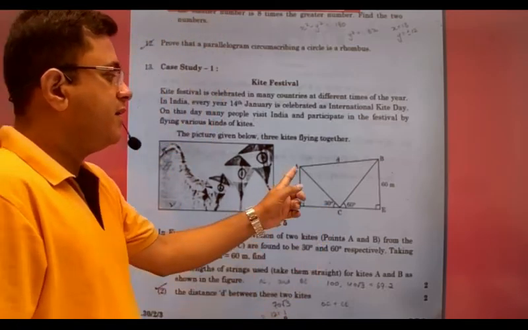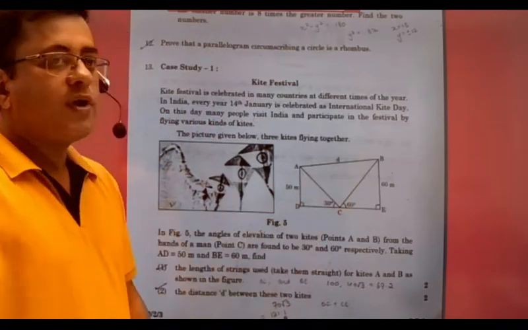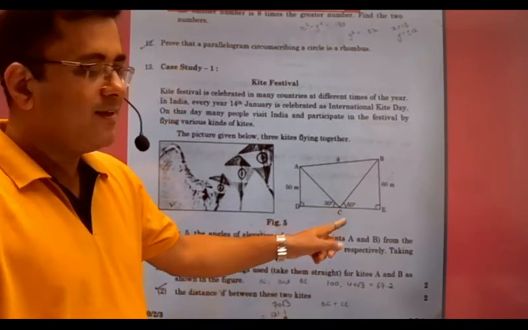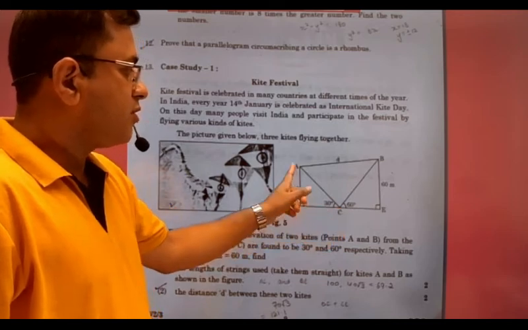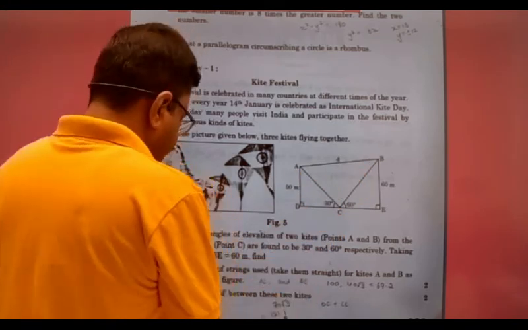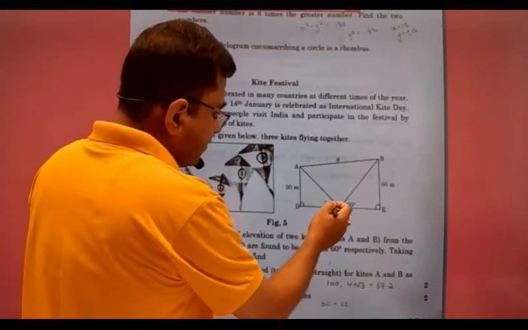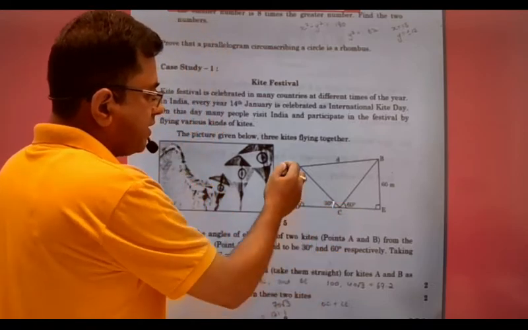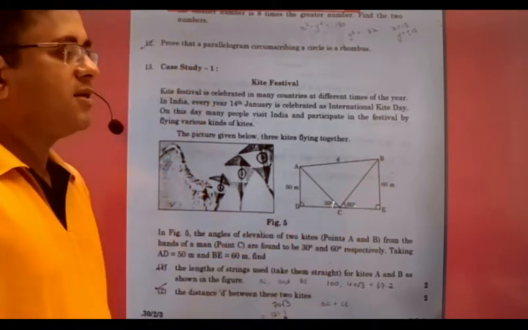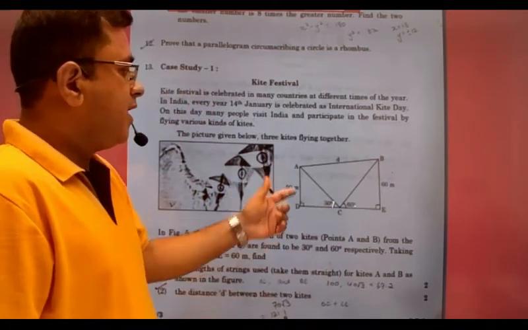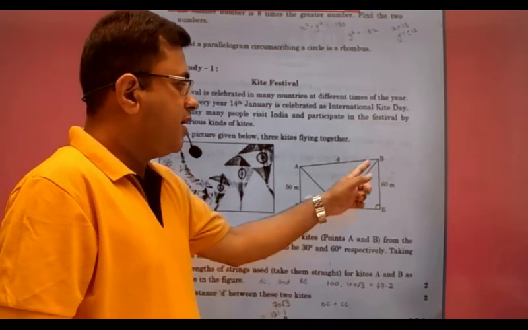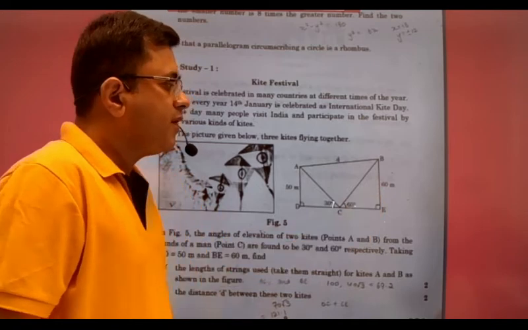Here A and B are two kites, and one person at C is observing both the kites. The angle of elevation is 30 degrees for kite A. For kite B, the angle of elevation is 60 degrees. The heights of both the kites are AD equal to 50 meters and BE equal to 60 meters.